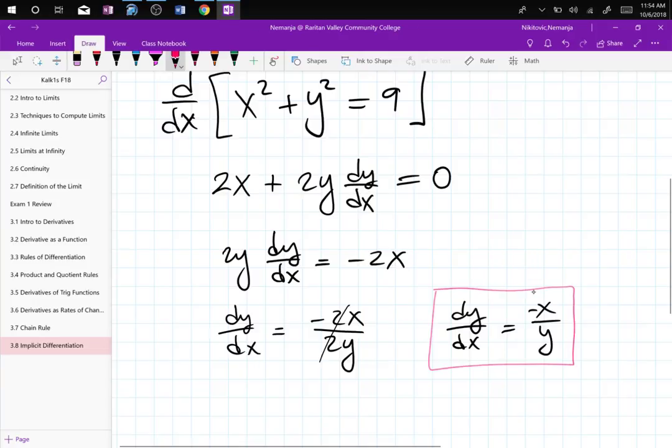This is the derivative of the circle, and of course it's going to look weird because it was not a function. It has a y in it, in the answer. You never had a y in your answer before. y was not even mentioned anywhere since the beginning of chapter 3. All of a sudden, y is part of it because, again, this is different. Implicit differentiation takes derivatives of non-functions.